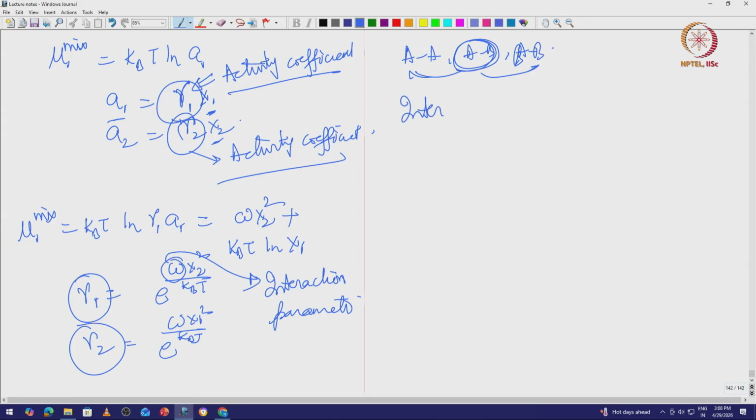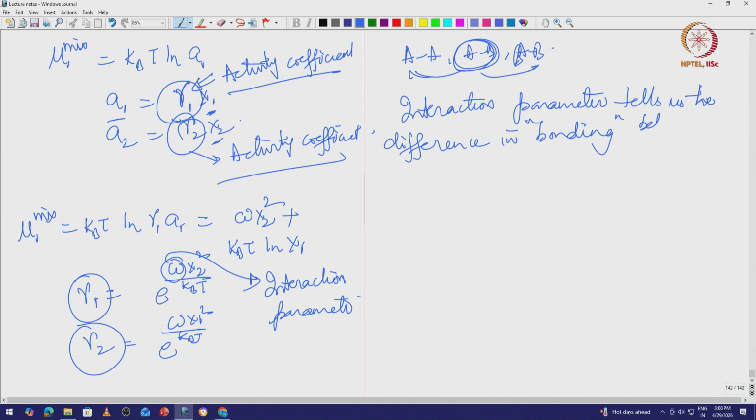Interaction parameter tells us the difference in bonding or interaction between AB and AA and BB. Okay. All right.